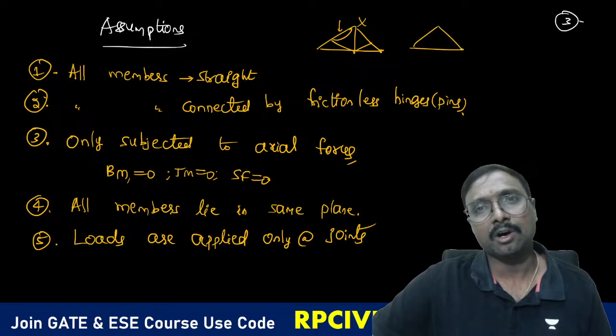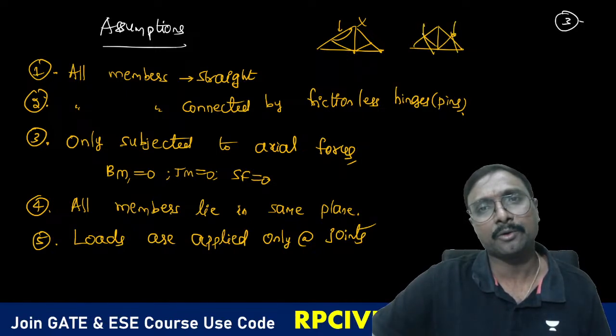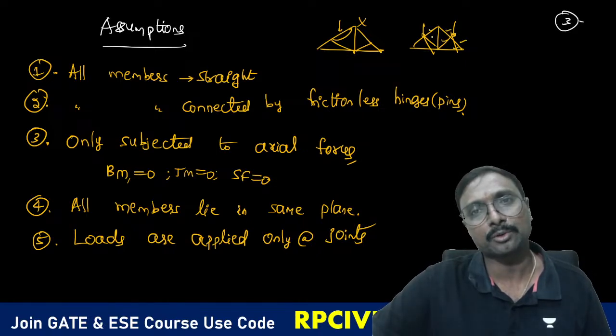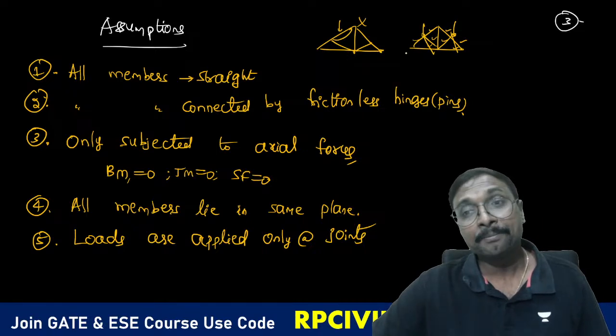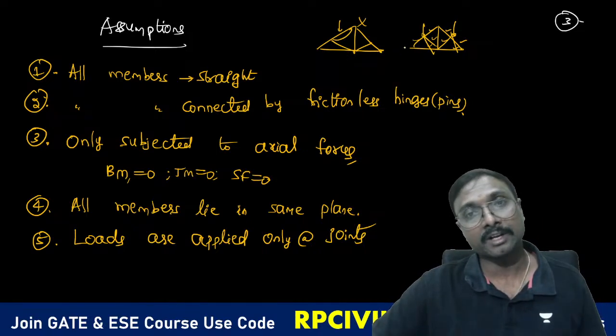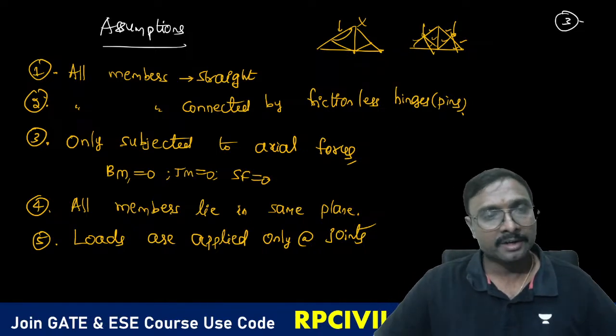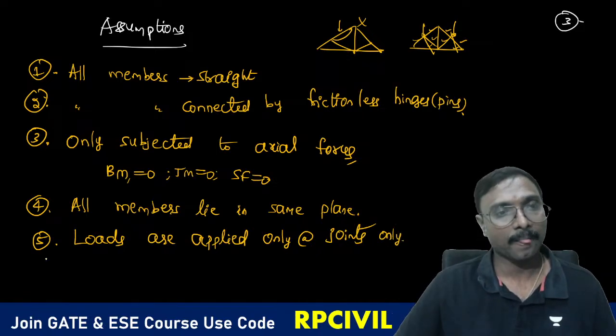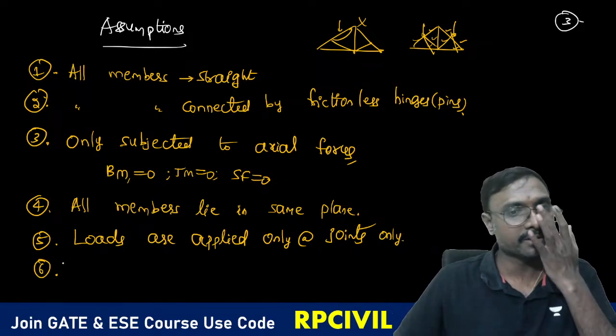When all the loads are applied at the joint only, the load will be transferred to this member, this member and this member, as horizontal or vertical components, whatever the direction is. So loads are applied at joints only. Next, what is it?